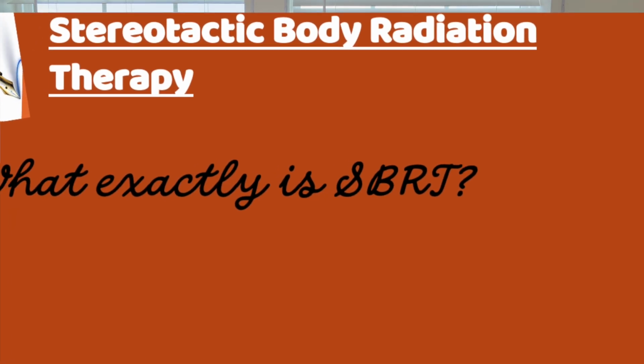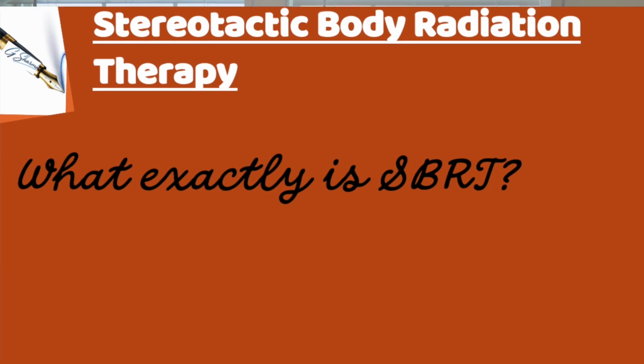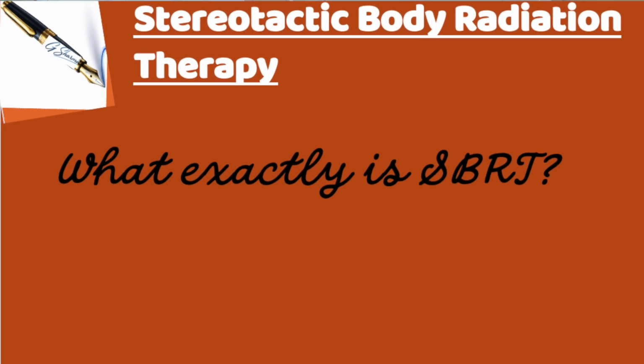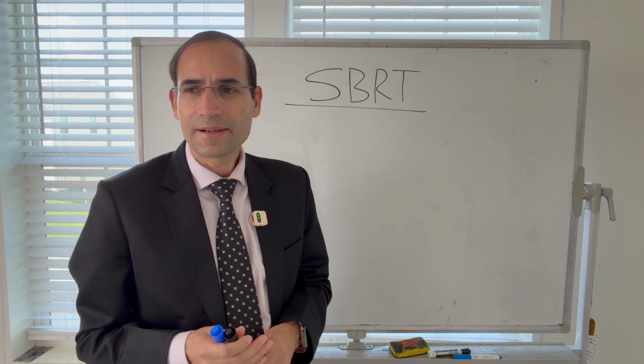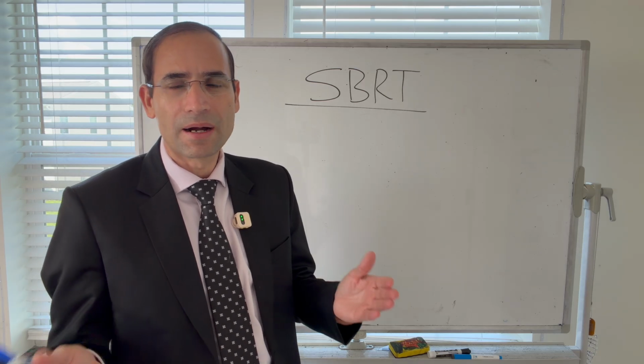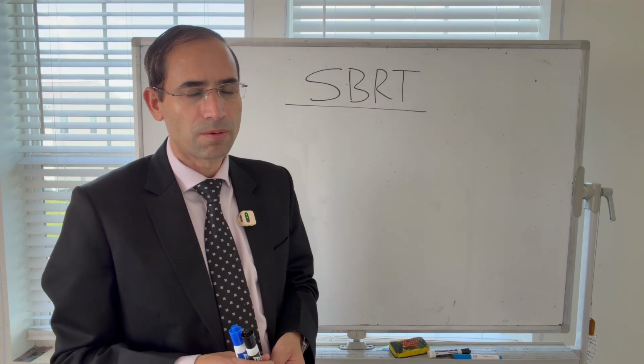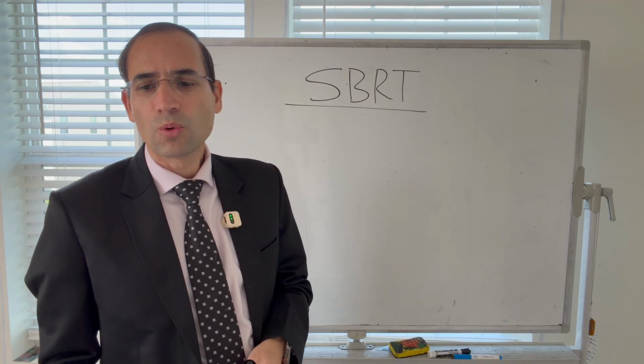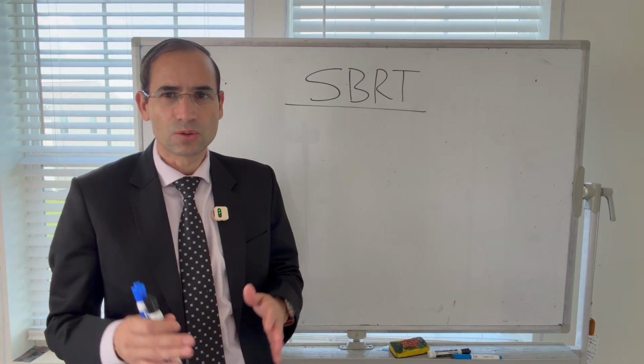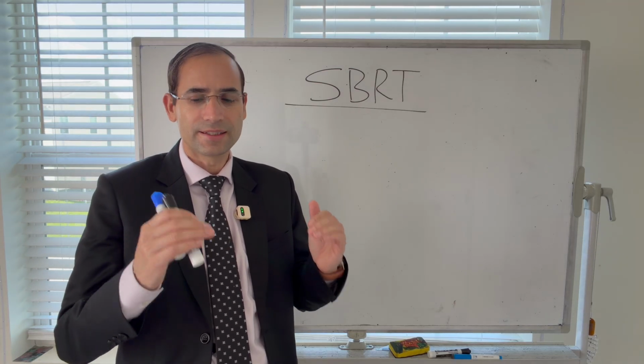So what exactly is SBRT? In my previous lecture I talked about SRT, right? I talked about IMRT, I talked about 3D conformal radiation therapy. So what exactly is SBRT? That's what I'm going to discuss in this lecture.